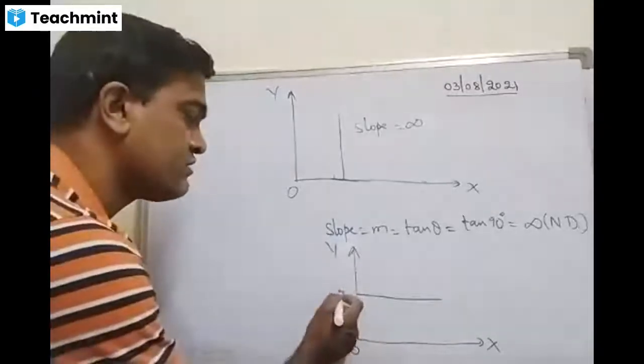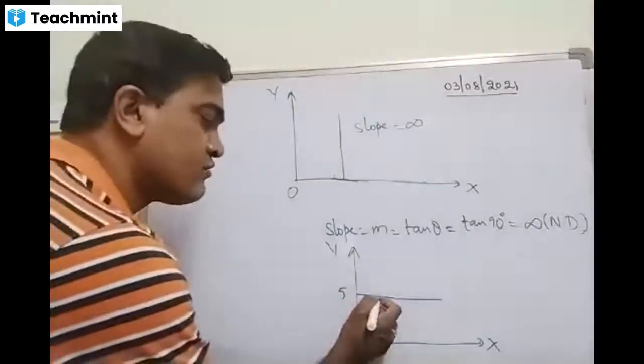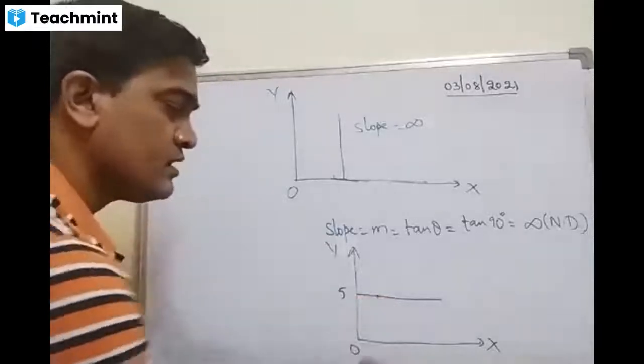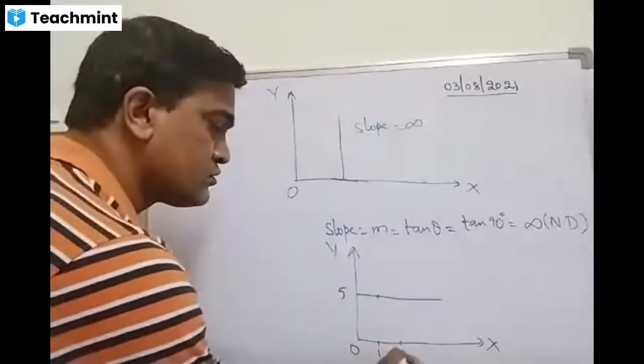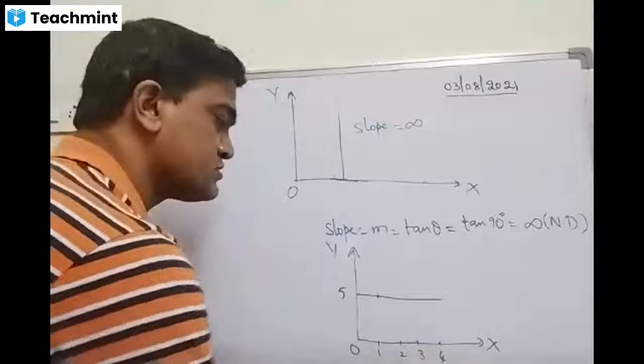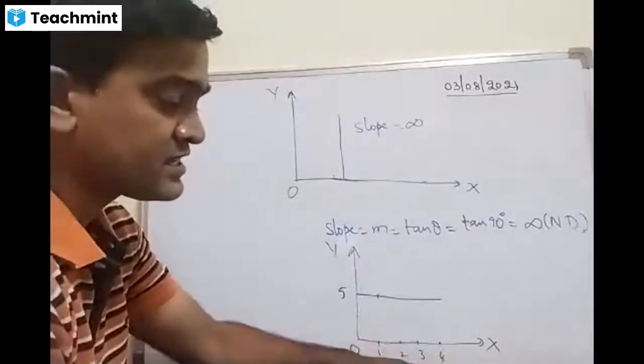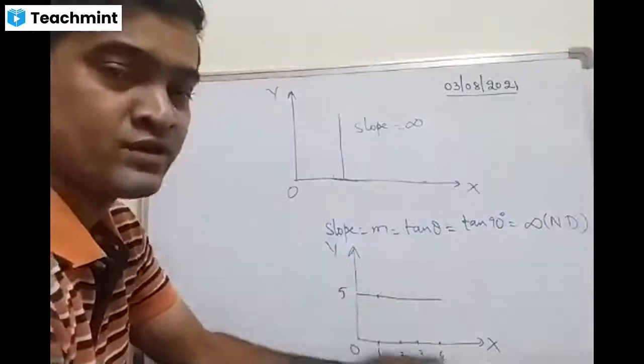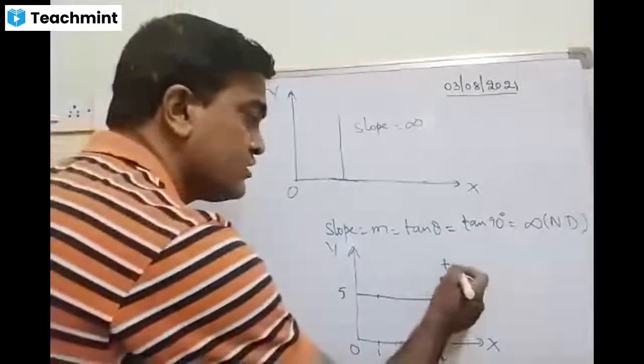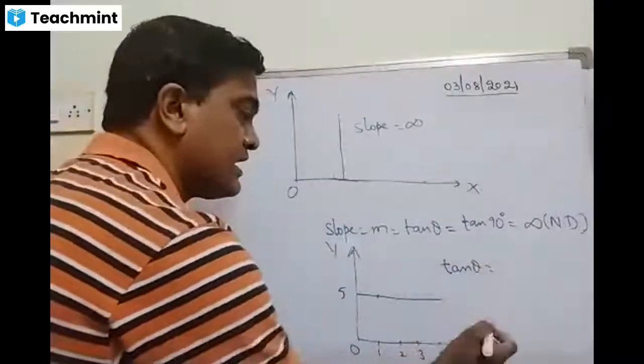Let me take this as 5. What is the value of the y coordinate at this point? If I represent 1, 2, 3, 4 on the graph, it is 0. So if a line is parallel to the x-axis and I ask you the value of slope, tan theta is 0.